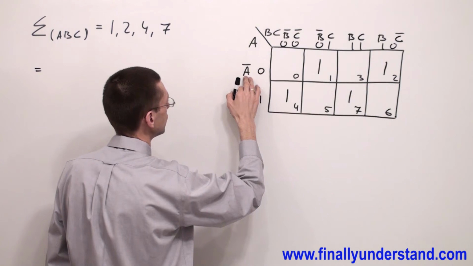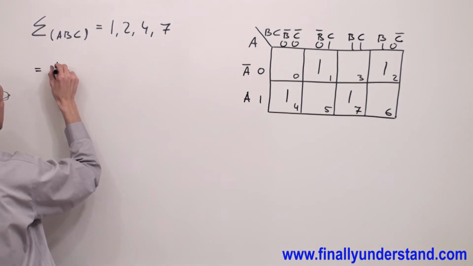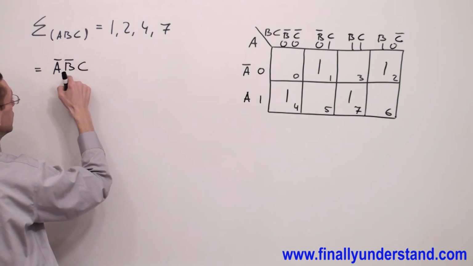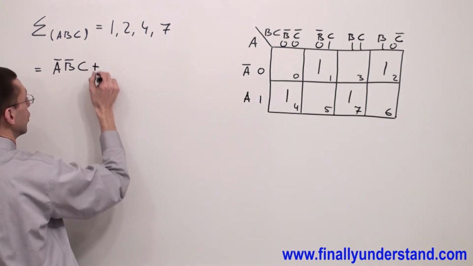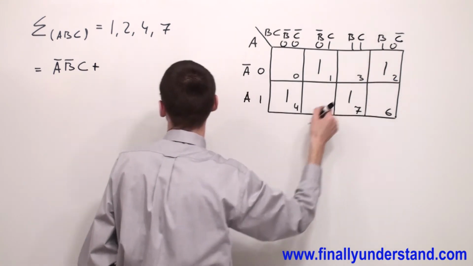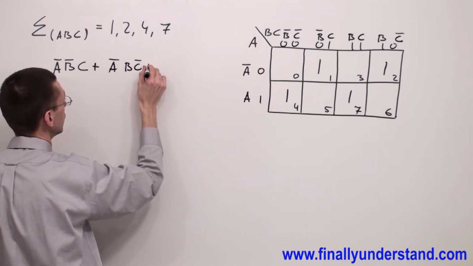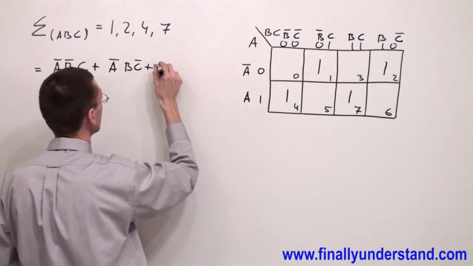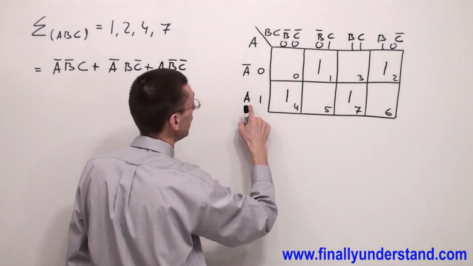So I'm going to have A not B not C, this is the term which represents the one in this box, or A not B C not, or A B not C not, or A B C.